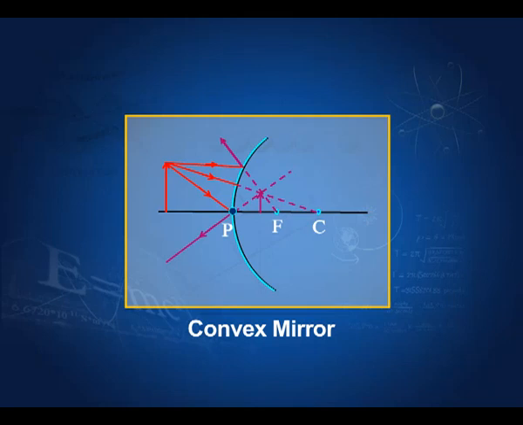The angle of incidence is 0, the angle of reflection is also 0, because this is normal to the mirror. And this third ray comes to P and gets reflected, with this angle of incidence equal to this angle of reflection. So, we have got 3 rays, and wherever these meet, that is the image of this tip of the object. In fact, we do not need to draw all 3 rays, any 2 rays would do, whichever are convenient.